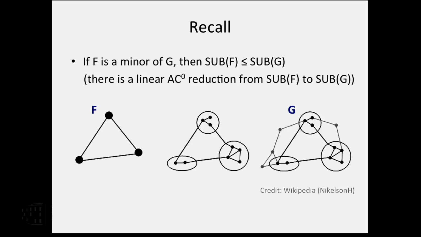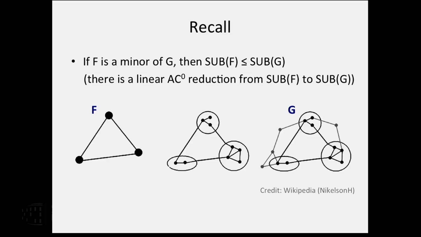So here we have a graph G. A minor of G is any graph you can obtain from G by first throwing away some vertices and edges, and then taking disjoint connected subgraphs in G and contracting them into single vertices. So this is showing that this F is a minor of G in that way. Okay. So whenever F is a minor of G, there's a reduction from the F subgraph isomorphism problem to the G subgraph isomorphism problem.